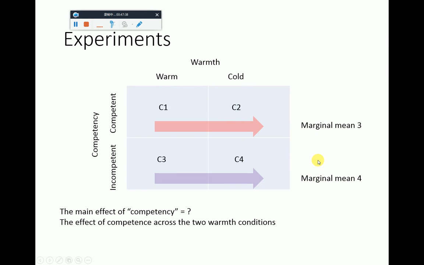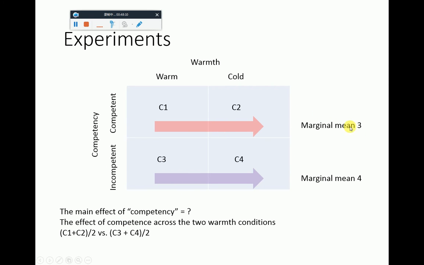Similarly then, we can compare these two means to assess whether the score for Aaron's perceived friendliness in the competent condition will be higher than the score for Aaron's perceived friendliness in the incompetent condition. That is, we'll compute the difference between these two mean scores.